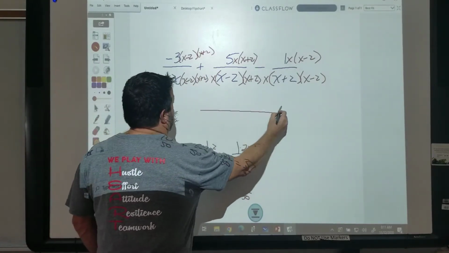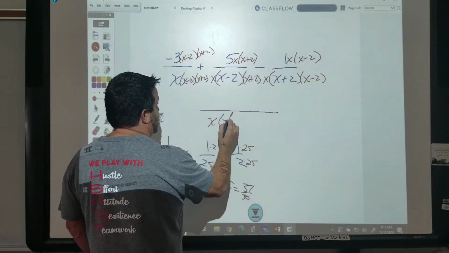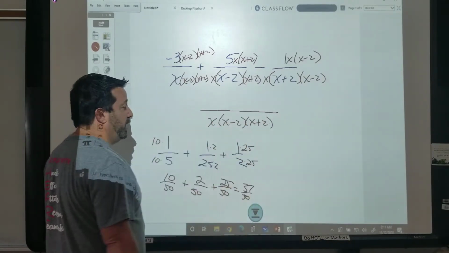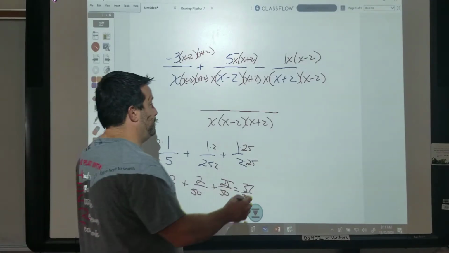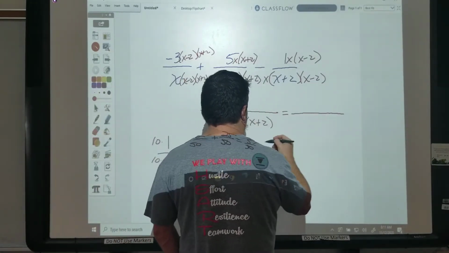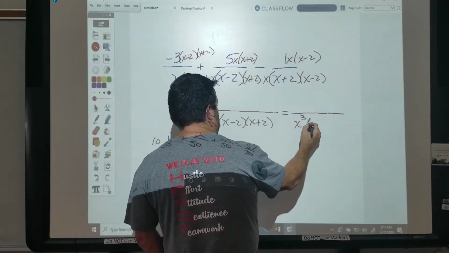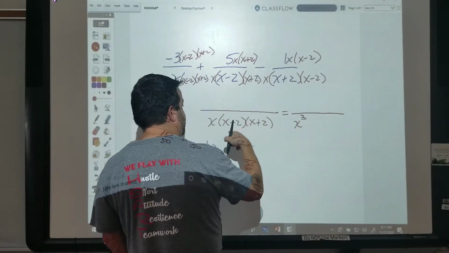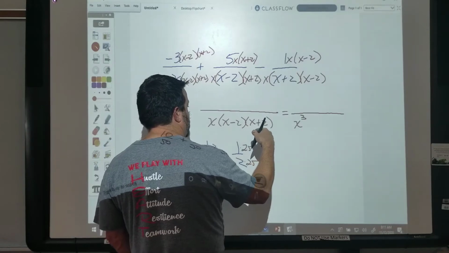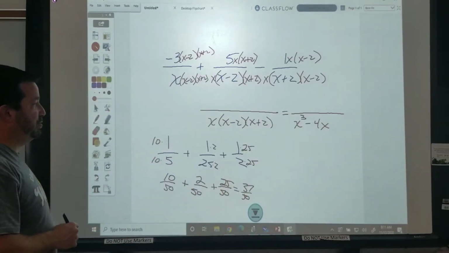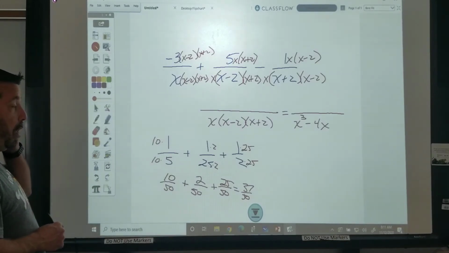They would all have this denominator of x times x minus 2, x plus 2, which I could go ahead and multiply out if we wanted to. That would be x cubed minus 4x, I believe, because the middle terms there will cancel out.